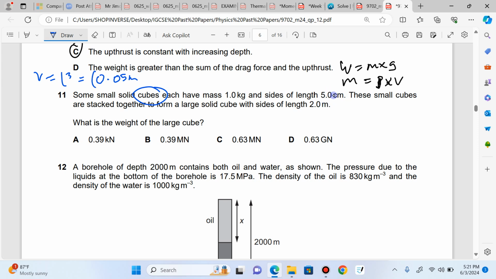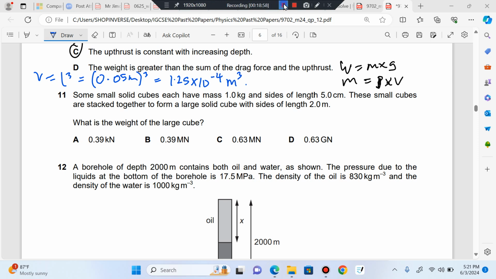Now, volume is length raised to power 3. If you do 0.05 raised to power 3, you get 1.25 times 10 raised to power minus 4 meter cubed. Now, how do we get the mass?